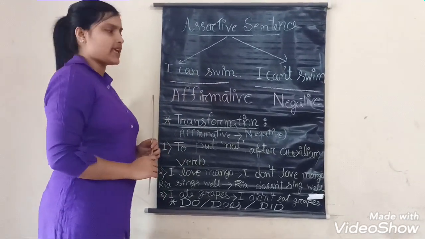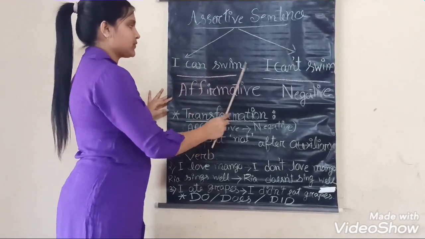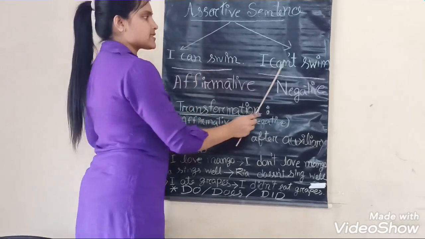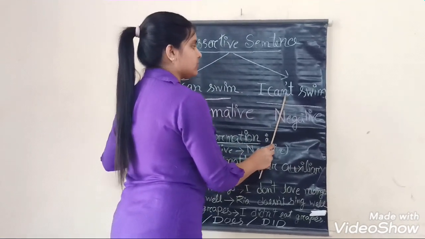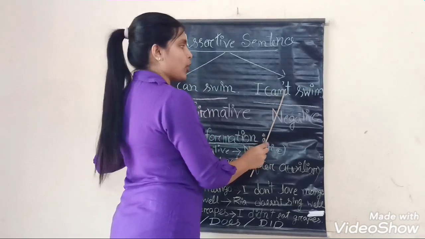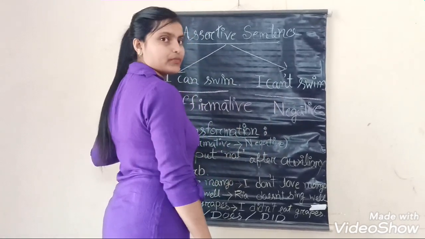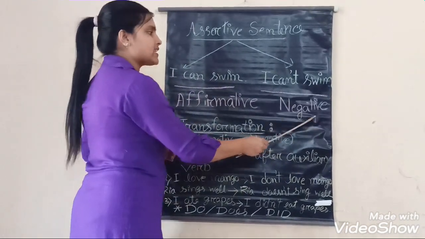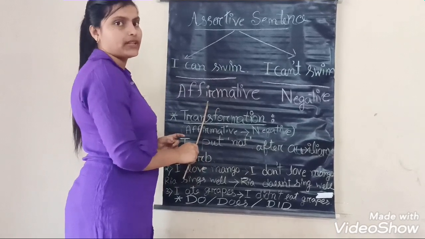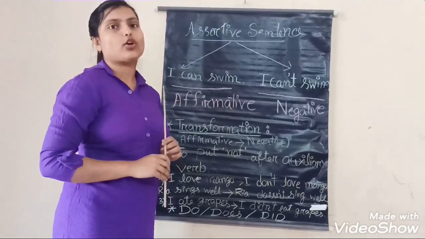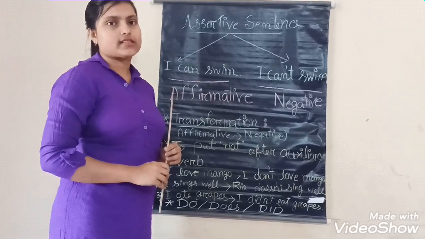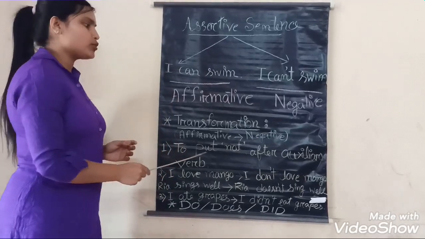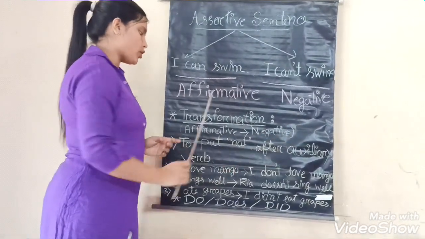Here you can notice that in the first example, I can swim, the statement is positive, but in the second, I have put a not with the word or auxiliary verb can, and in this way the same sentence becomes negative from a positive one. And this is itself the first rule to transform a positive sentence or an affirmative sentence into a negative one, that is to put not after the auxiliary verb.